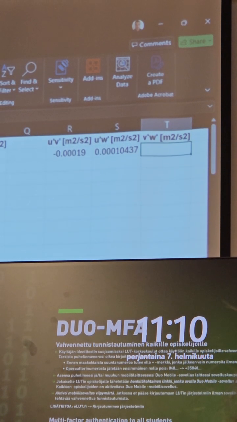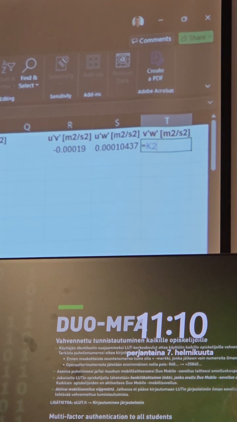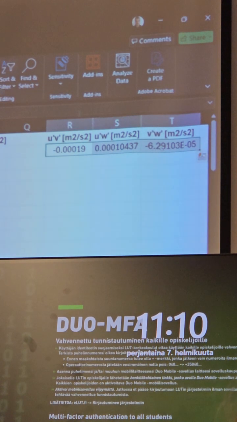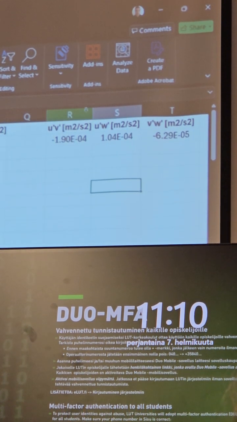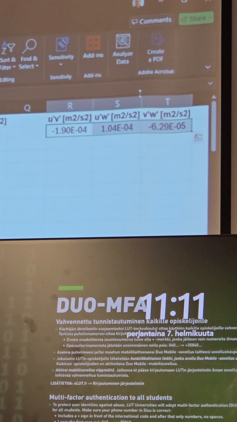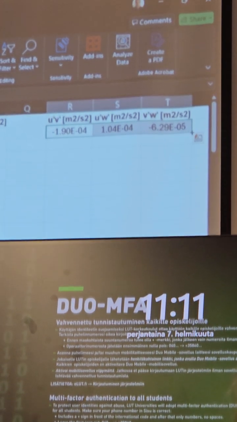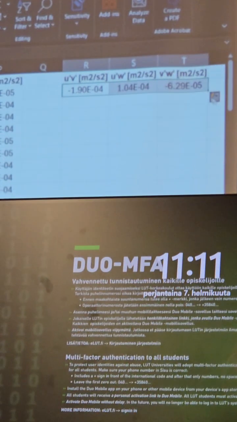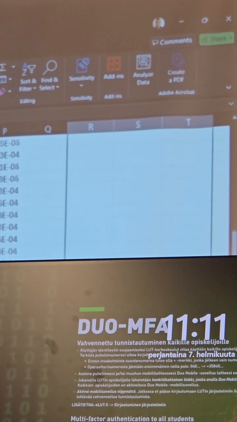And for the last term we have v prime times w prime. So these terms are instantaneous values, so we need to calculate them for all the available measured times.